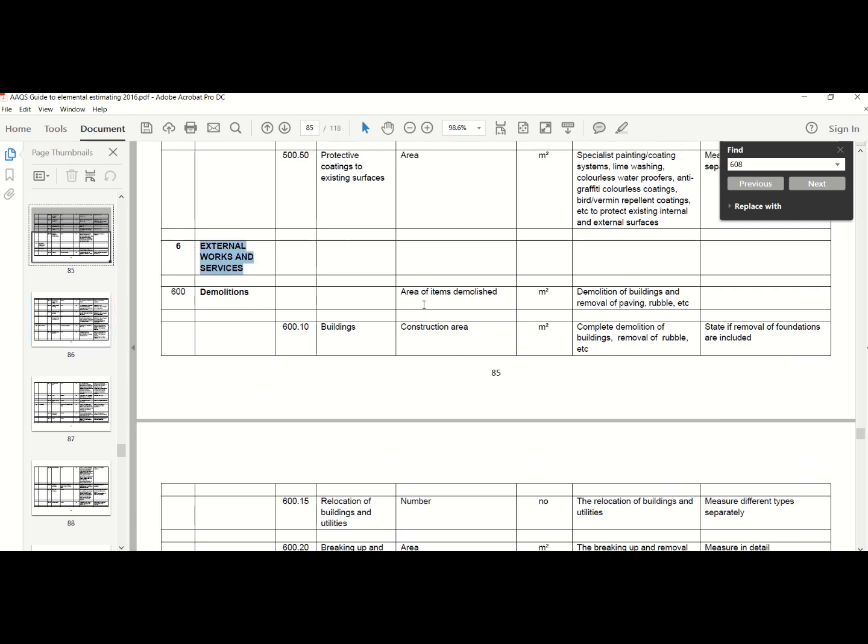Okay, so it's up to you how detailed you want to measure the electrical installation. Obviously, the more detail you include, it will give you some bonus marks if you do include it like that. But you can also play it safe and use a safe way of measuring it.